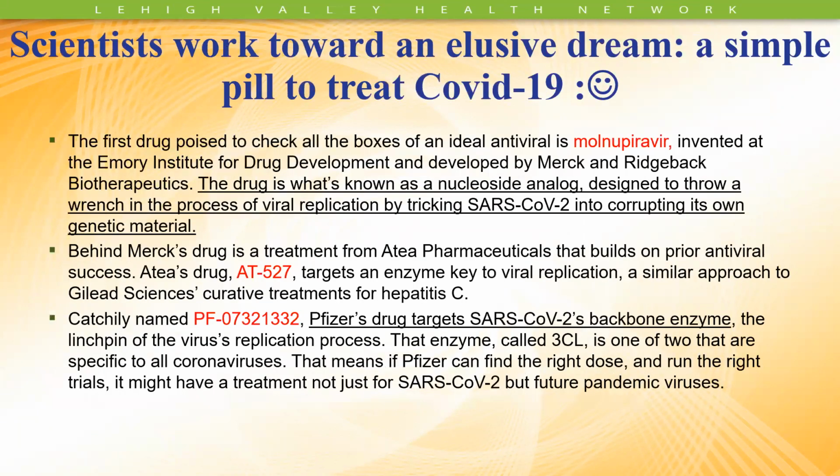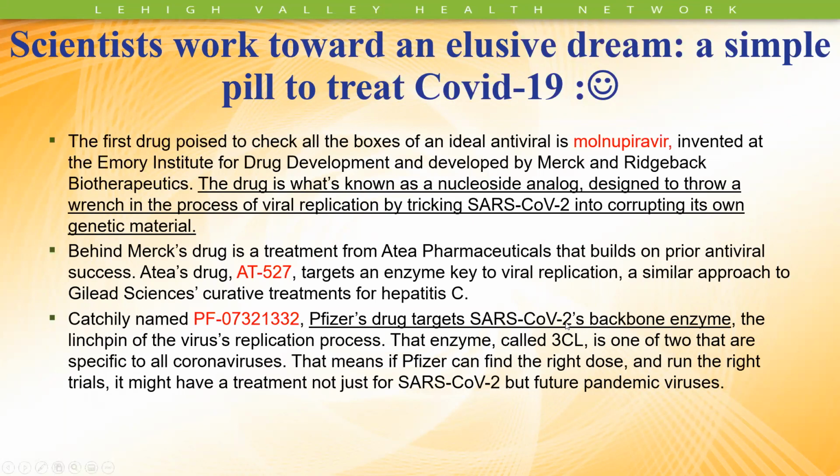There is work on a COVID pill that works the same way that Tamiflu works. Okay, Pfizer's looking at a pill, and so is Merck, to try to target the enzyme key to viral replication.